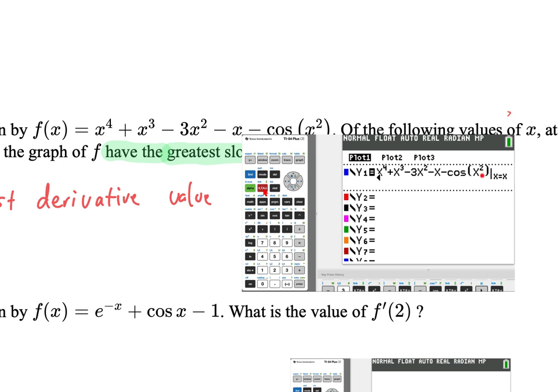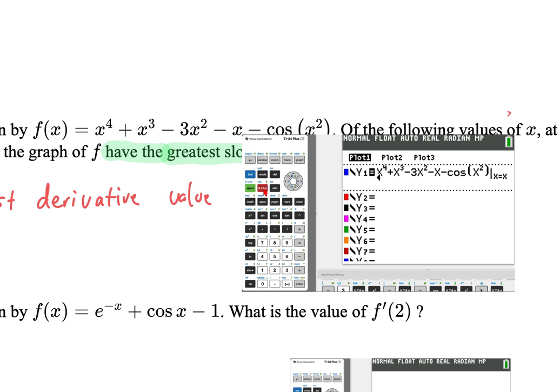I think I forgot a parentheses here, but I got lucky that it didn't mess it up. Now think about these as names of functions: y1, y2 are like f, g, h.